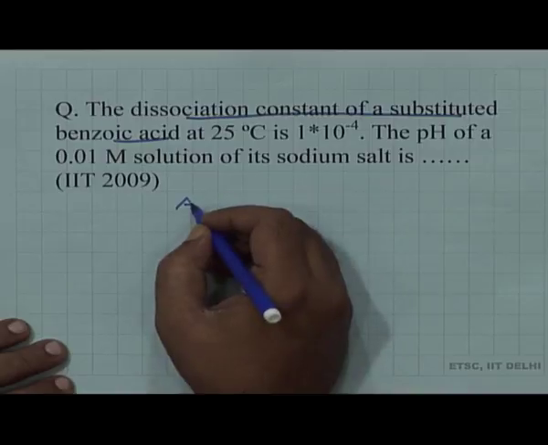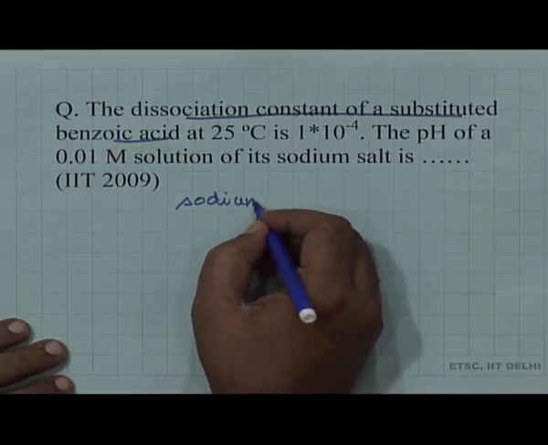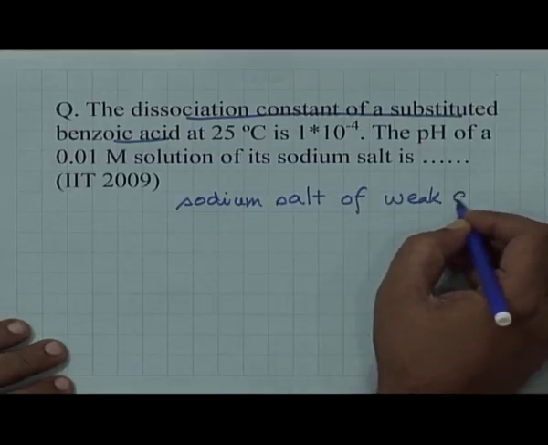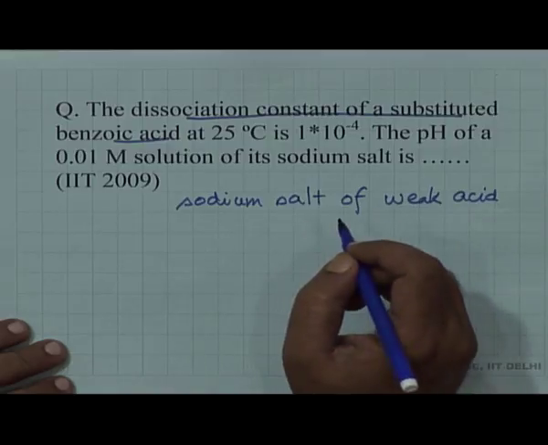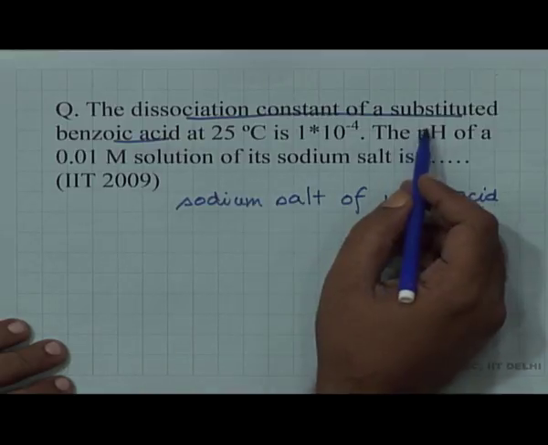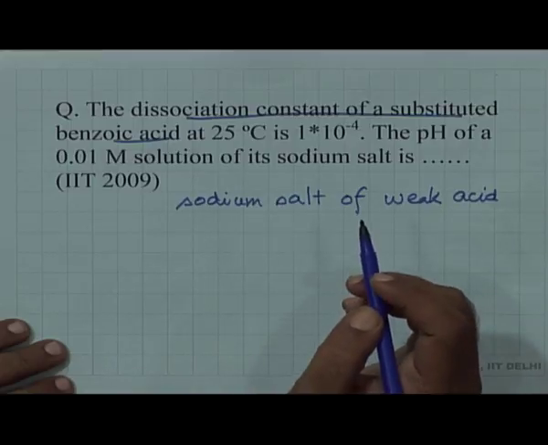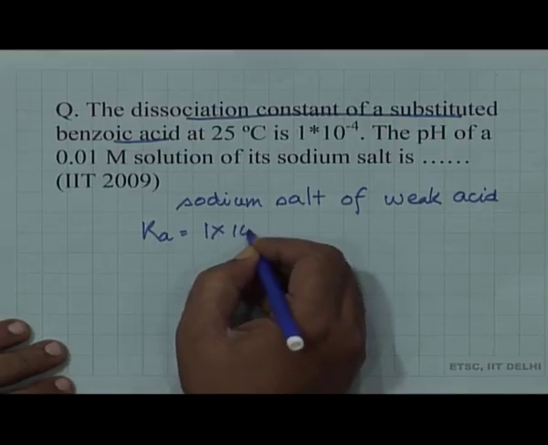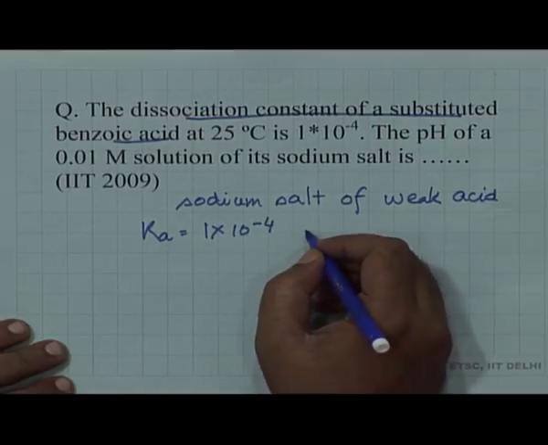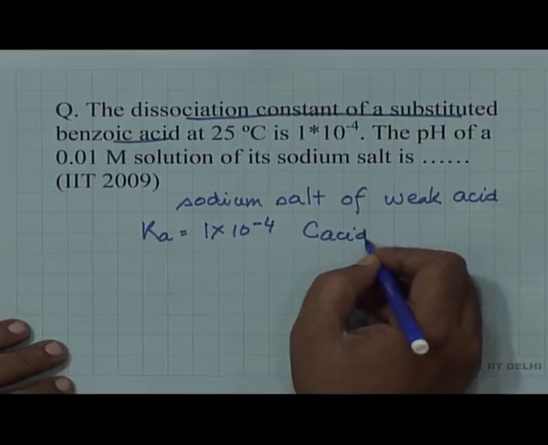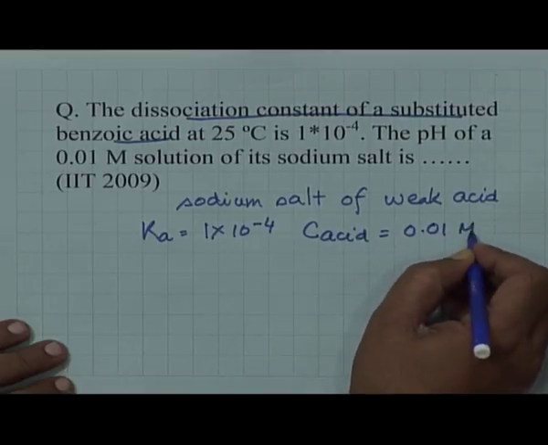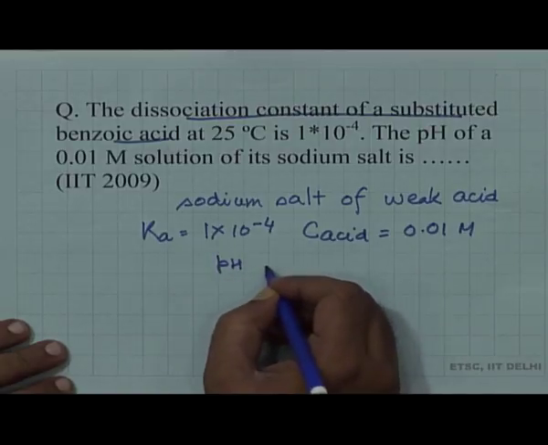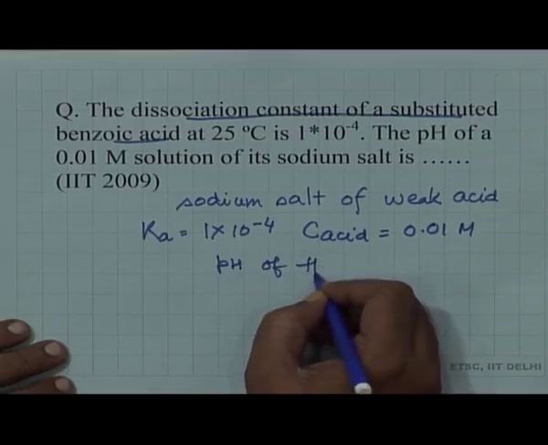What we are dealing with is sodium salt of weak acid, and weak acid here is substituted benzoic acid. Ka is given, 1 into 10 to the power minus 4. Concentration is given, C is equal to 0.01 molar. And what we need to find out is pH of the solution.